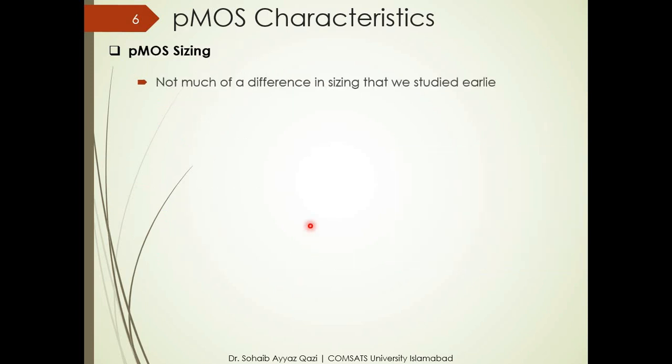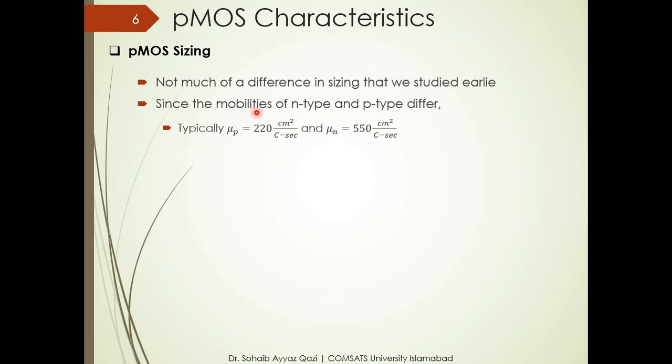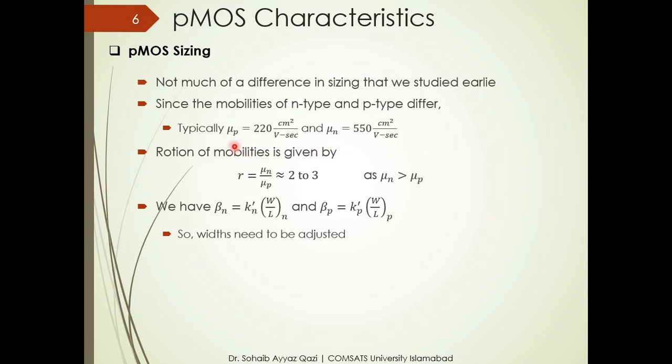And after these electrical properties, if we have to observe our sizing for our pMOS, there is not much of a difference from the sizing that we have studied earlier. So we can say that the mobilities of n-type and p-type differ. Obviously that is a real case: the mobility of electrons and the mobility of holes both differ. Typical values are mobility of holes equal to 220 cm² per volt second, and mobility of electrons 550.